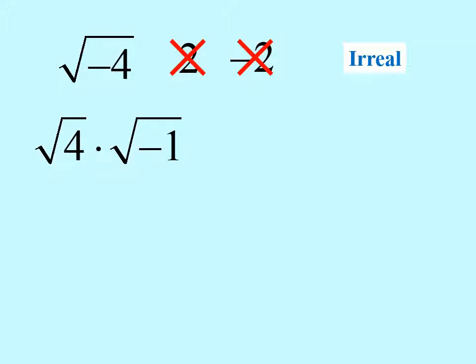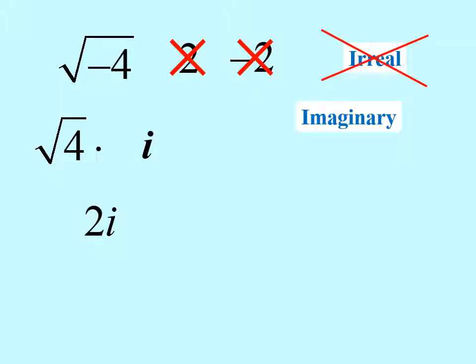However, we can take any negative number and write it as the product of a positive number and the square root of negative 1. The square root of negative 1 is given a special name. We use a lowercase letter i for that. And so we have these sorts of numbers, which are actually called imaginary numbers, hence the use of the letter i.